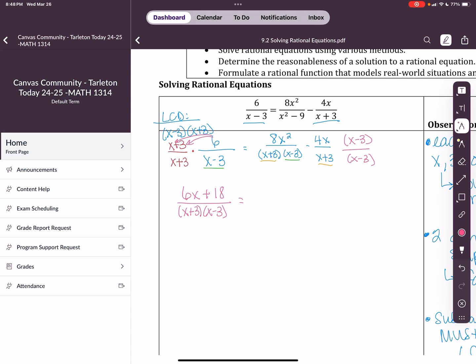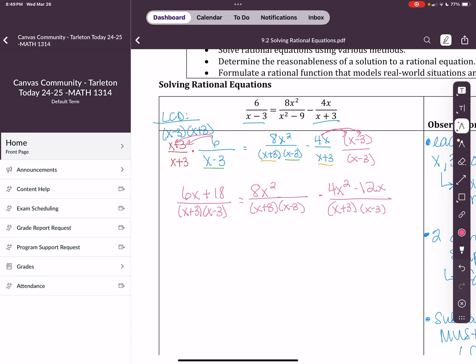And like I said, you're not going to change your second fraction because you already have the common denominator that we were going to form. And then now I just need to take my third, so minus, and I'm going to multiply this. So 4x times x gives you 4x squared, and 4x times negative 3 gives you negative 12x, and that's all over x plus 3, x minus 3.